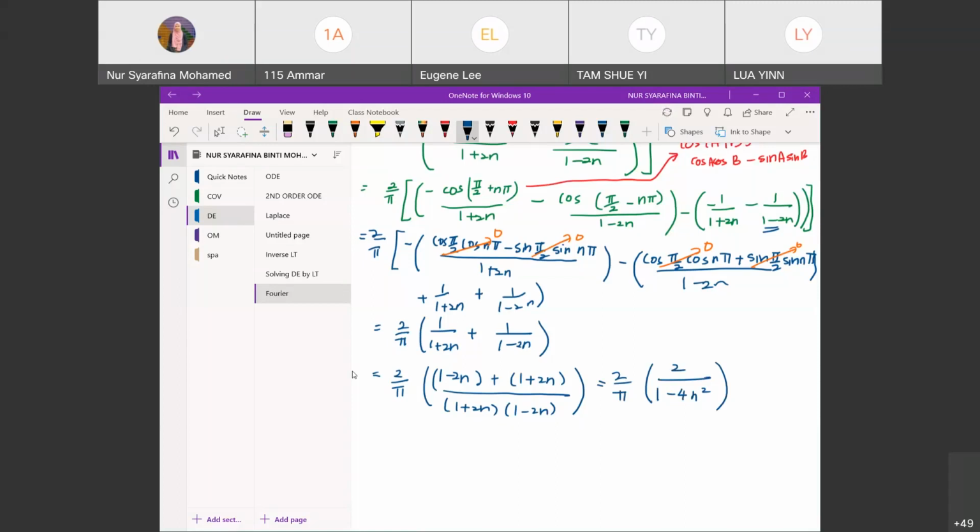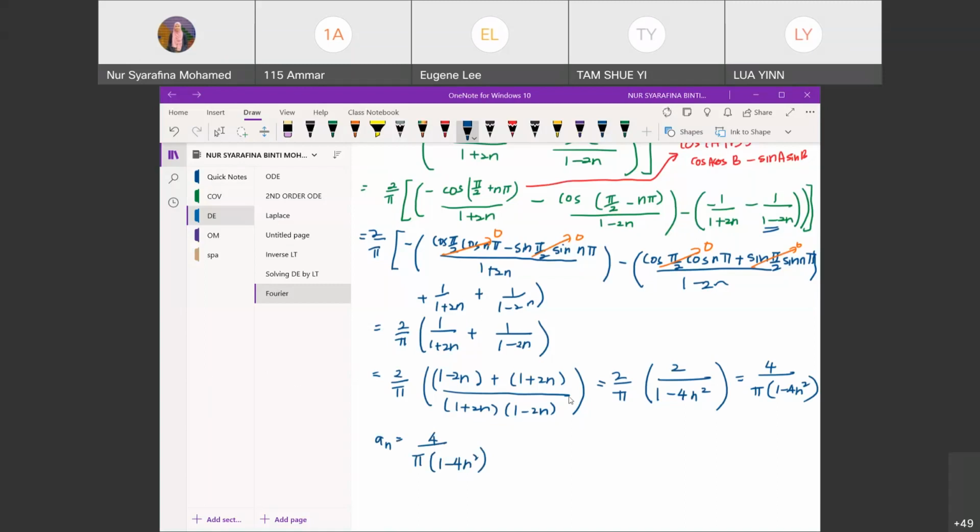So for 2 times 2, we will have 4 over pi (1 minus 4n squared). Okay, so this is your an.